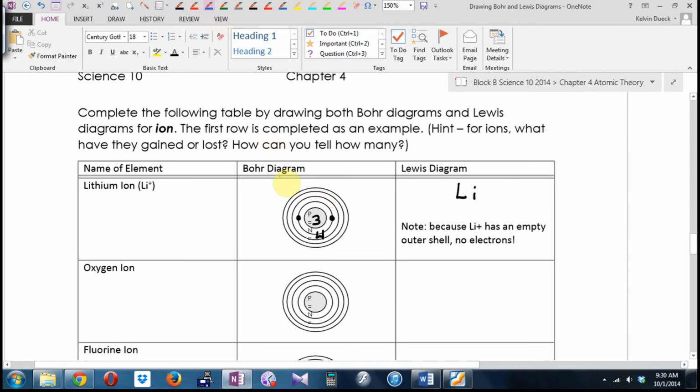But I forgot to go like this. And lithium, what's the charge on lithium? What does it say on your periodic table? Plus. And I forgot to go like this. Plus, but you'll notice no dots on the Lewis diagram because the outer shell for lithium has become empty.